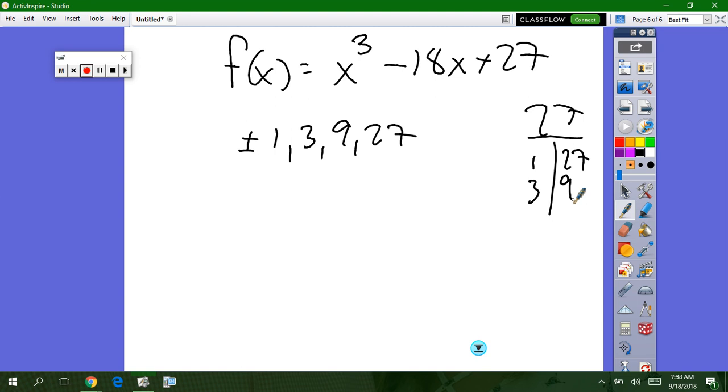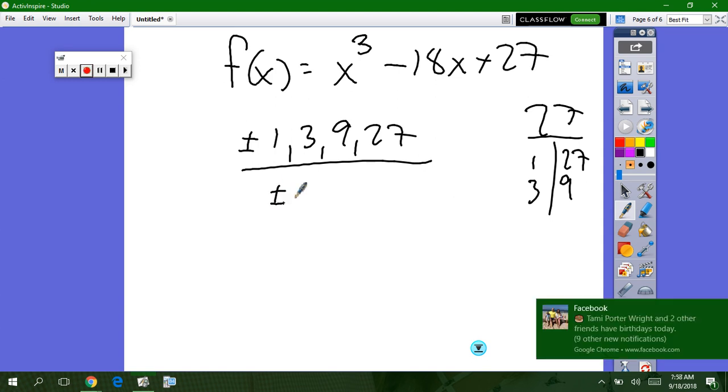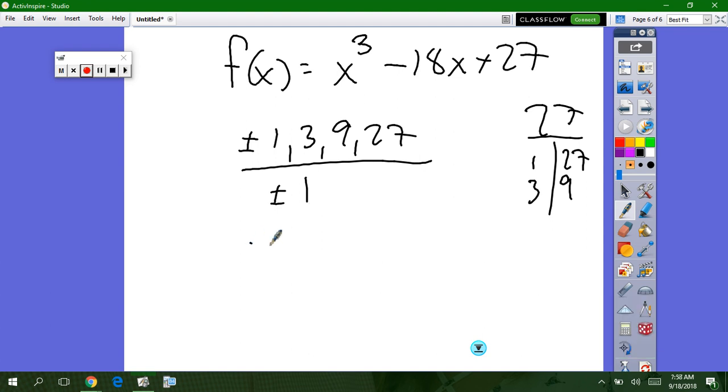Okay. So therefore, I divide it by the factors of who? Leading coefficient, which is plus or minus 1. So really, all this just comes out to be what, though? Plus or minus 1, 3, 9, 27.